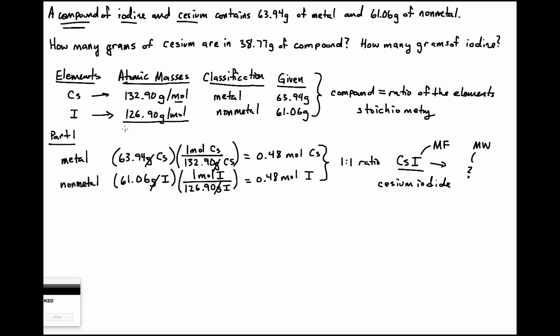When we do that, cesium plus iodine atomic masses will get us the molecular weight of the compound. So if we sum these together, we get 259.80 grams per mole. So again, grams per mole is our relationship. And that's all it is. So think of 12 eggs equals 1 dozen. It's simply a relationship.